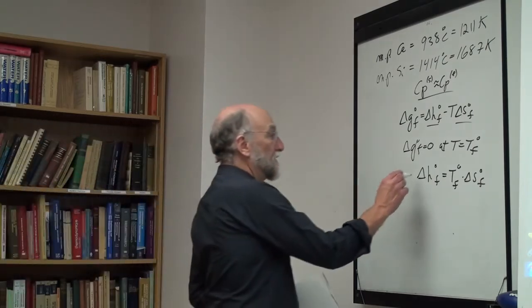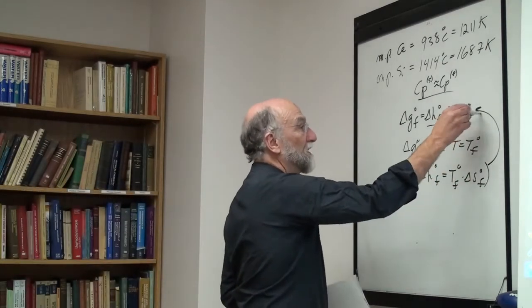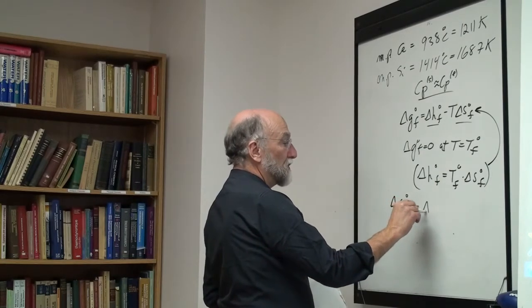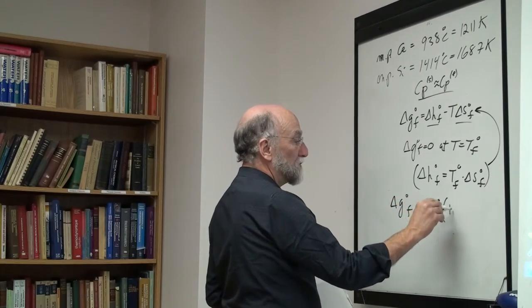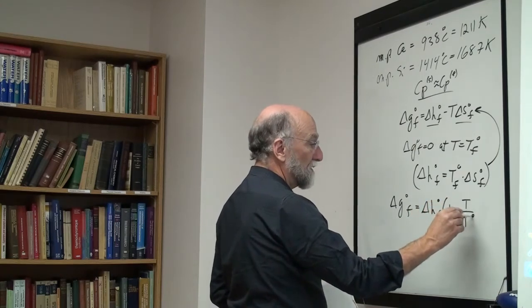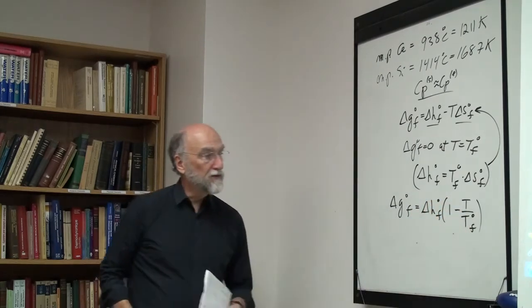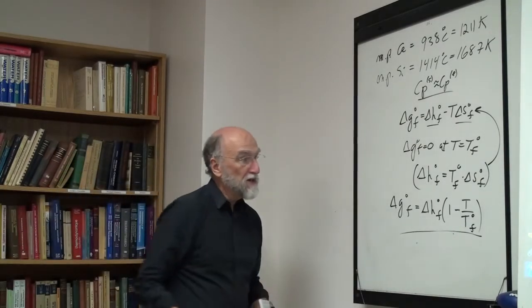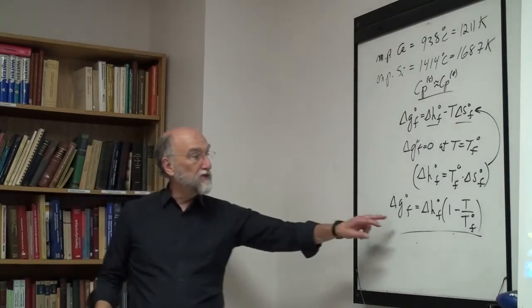Alright, so I can put this equation back into here, and what I'm going to get is that the Gibbs energy of fusion is equal to the heat of fusion times 1 minus T over T naught fusion. When T equals T of fusion, the Gibbs energy of fusion is 0.